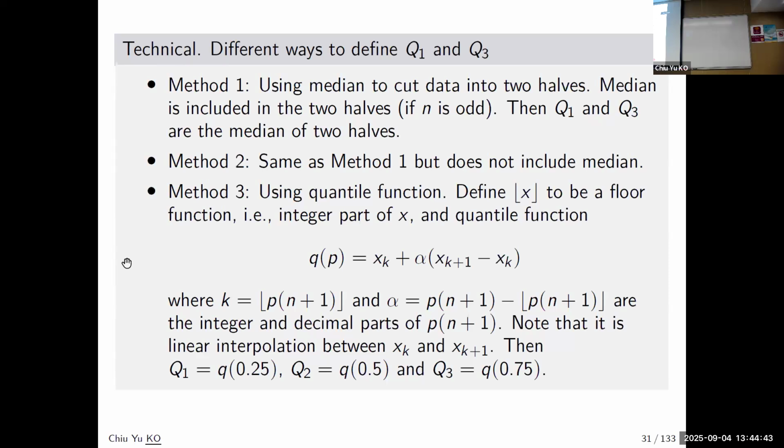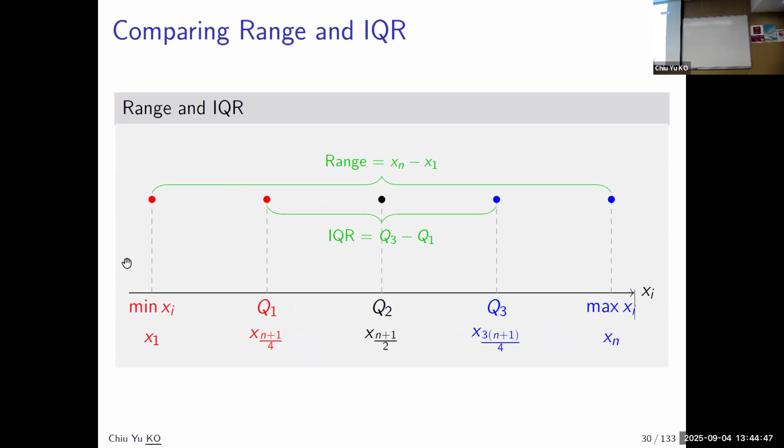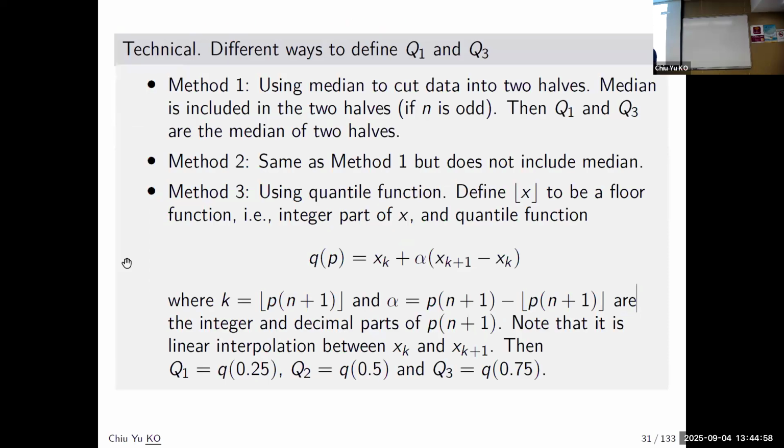So interpolation. The main idea is the following. Remember what we want: the first quartile and the third quartile, a quarter of the data and the third quarter of the data, right? So how do we visualize that? We use the formula, which is asking you what exactly this number is.